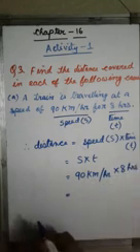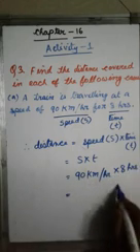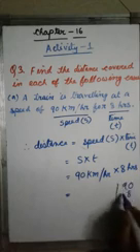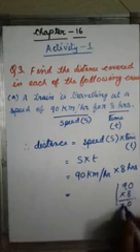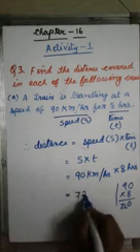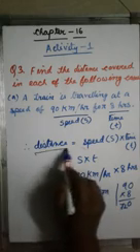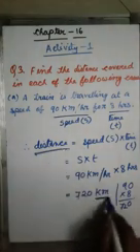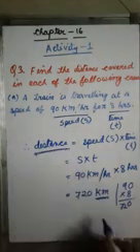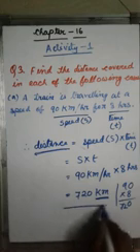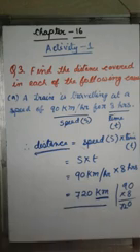If we multiply 90 into 8, it is 720 kilometer. The unit of distance is kilometer, the length, so it is 720 kilometer. Like this you have to solve.